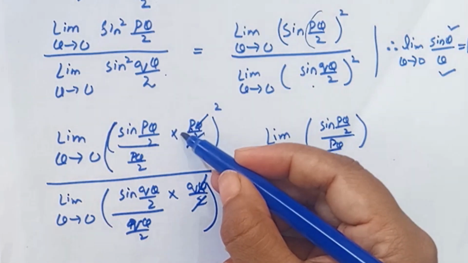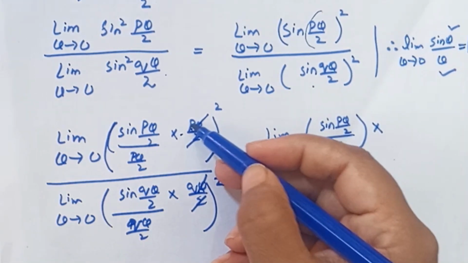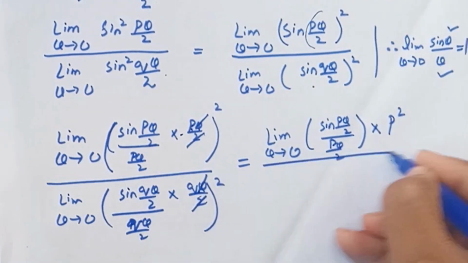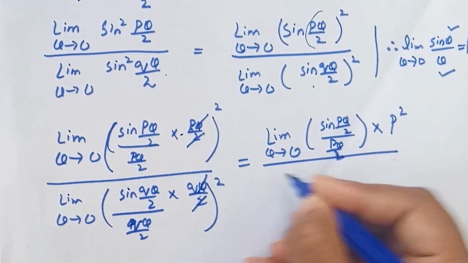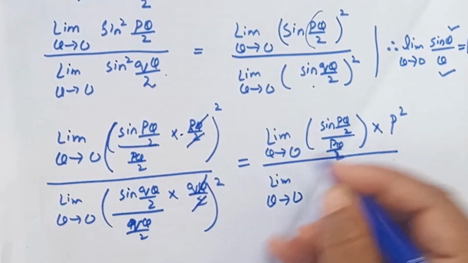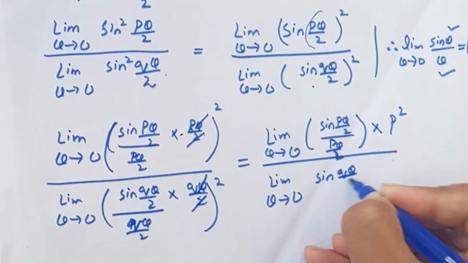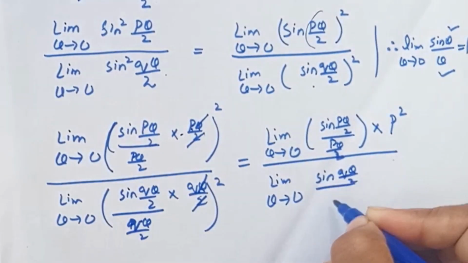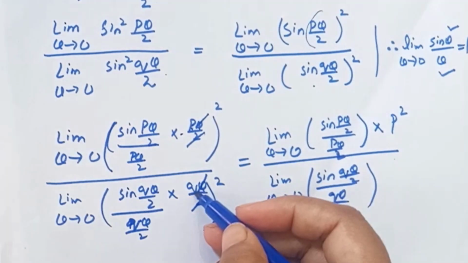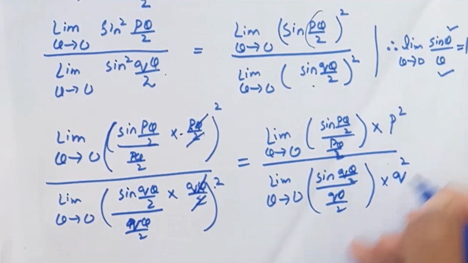We separate this value, and here we get p, so its power is 2, we get p square. Look at the denominator. This is the limit theta approaches 0 of sine q theta over 2 over q theta over 2, and this is just q and its power is 2, so we write q square.